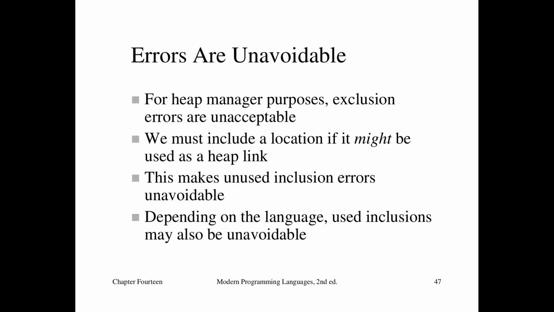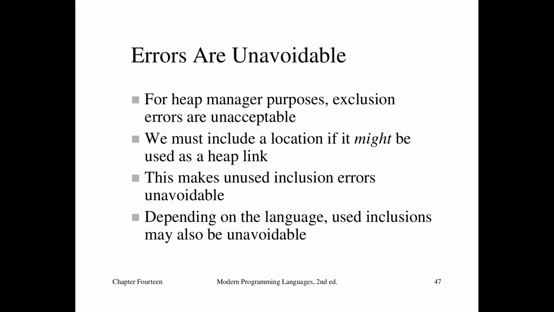And then we must include a location if it might be used as a heap link, which causes an inclusion error. This makes unused inclusion errors unavoidable. That's obvious, but depending on the actual language, use inclusion errors may also be unavoidable.